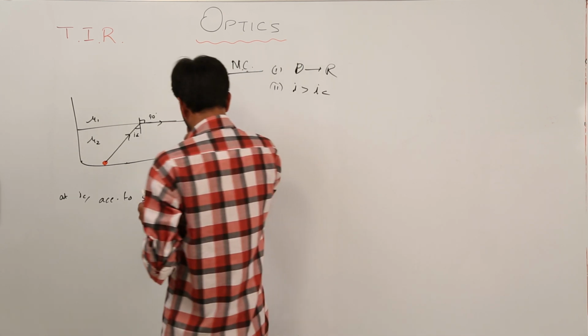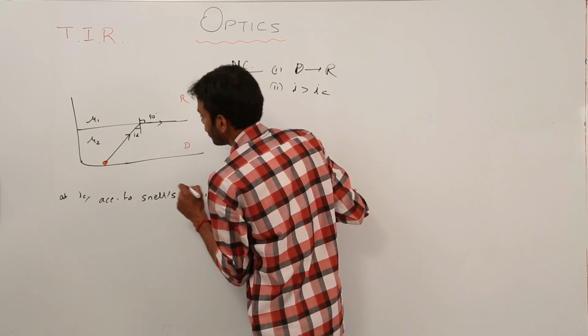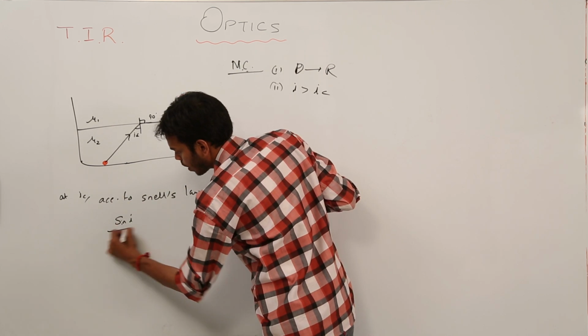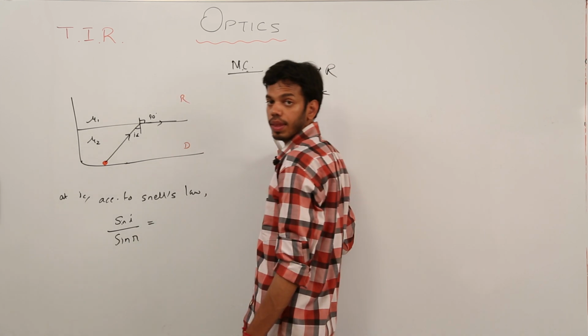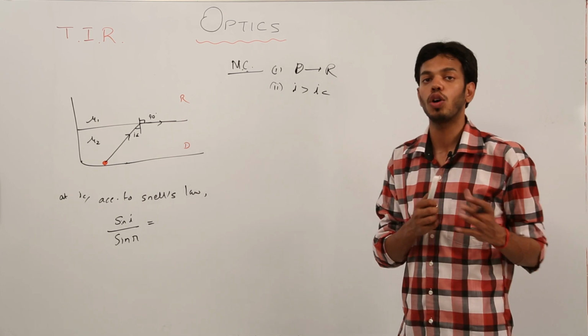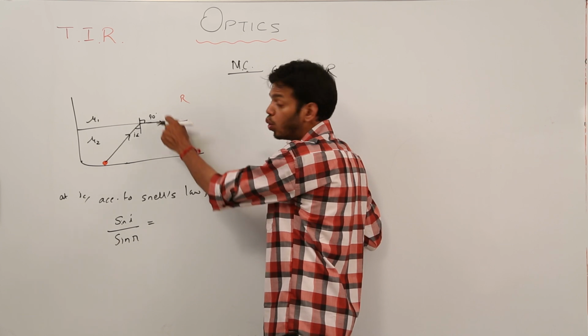Okay. So according to Snell's law, what is Snell's law? Sin i over sin r is equal to what? 1mu2 or 2mu1. I have repeated this so many times, now you guys actually know. For the last time, the ray is traveling from mu2 to mu1.